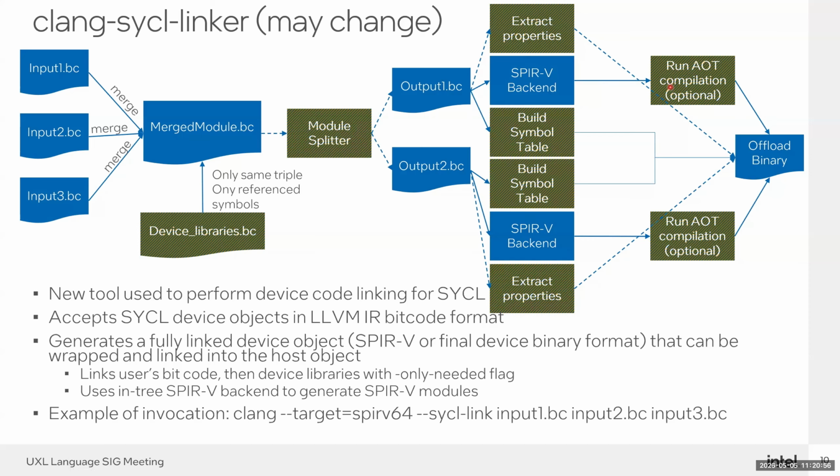For example, it can be OCLOC for Intel GPU or something else. And then everything is packed into an offload binary: properties, binary in some form, like ahead of time compiled or SPIR-V, and the symbol table.